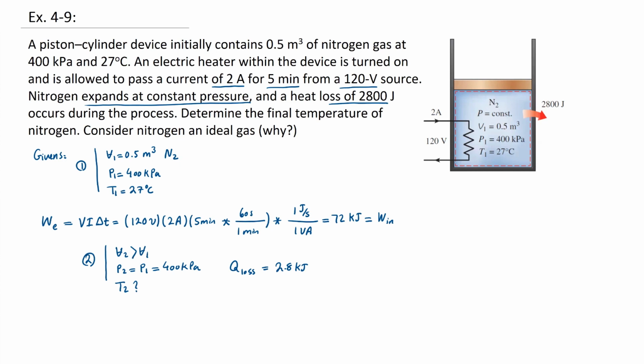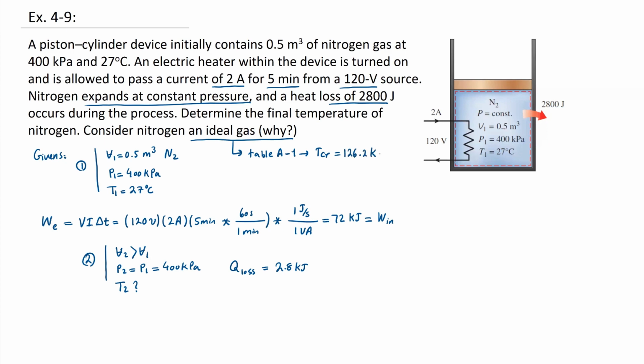Consider nitrogen an ideal gas, and why? Why nitrogen is an ideal gas in this problem statement. From table A1, I can read T critical for nitrogen, and it is equal to 126.2 Kelvin.